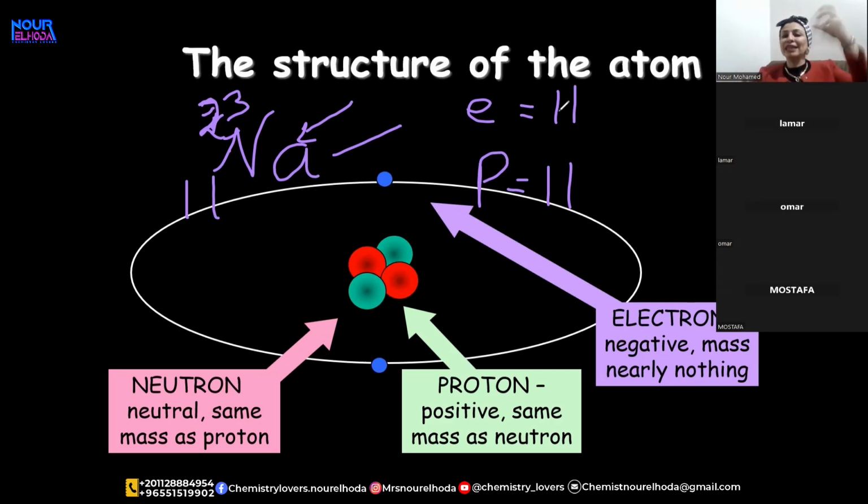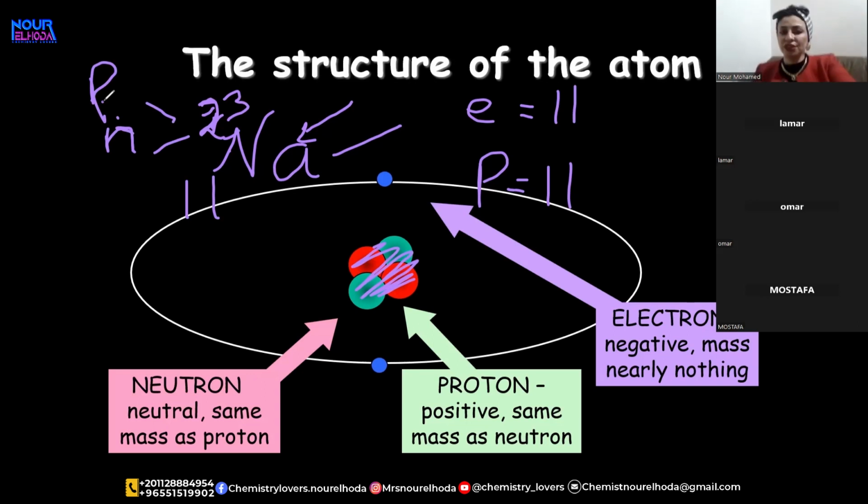If I want to check the mass of the atom, it's going to be the total of protons and neutrons, because all the mass is concentrated here. Since electrons are very light, all the mass is concentrated in the middle. But what are the types of particles that are found in the middle? Protons and neutrons. If I want to check the mass number, I'm going to say 23.